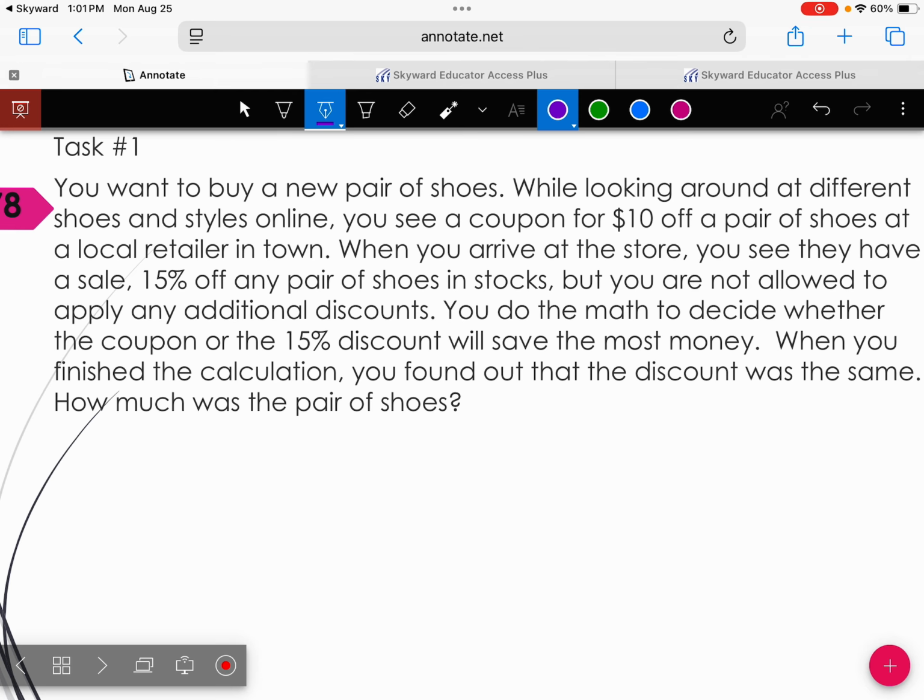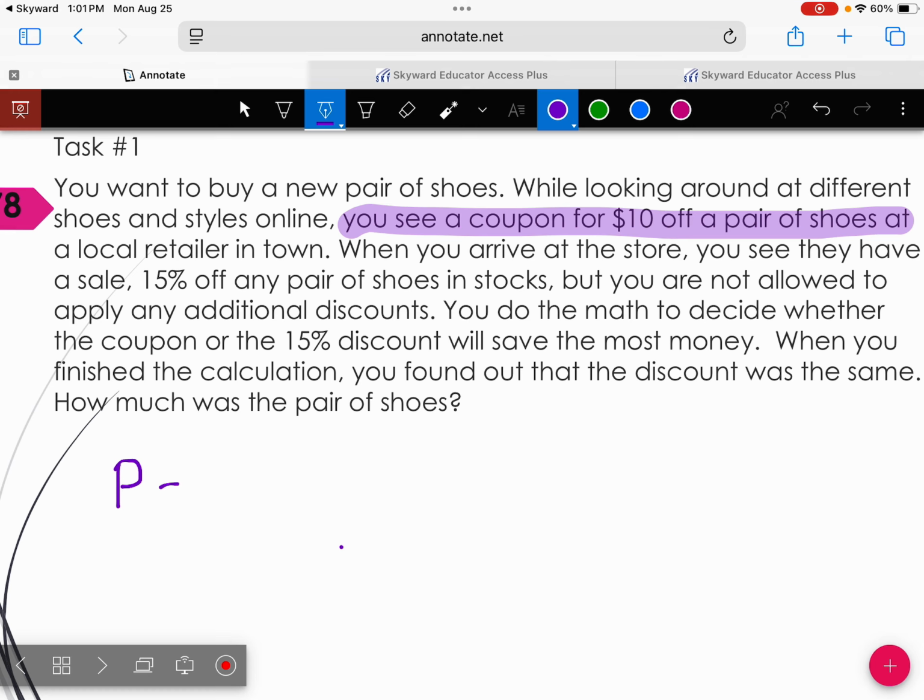All right, let's look at this. We're feeling squirrely today. So we have two different situations here. We know we have a coupon for $10 off a pair of shoes. So if I know that my shoes are going to cost some price, and I want to take $10 off, what do I do with the price and the $10? Subtract.